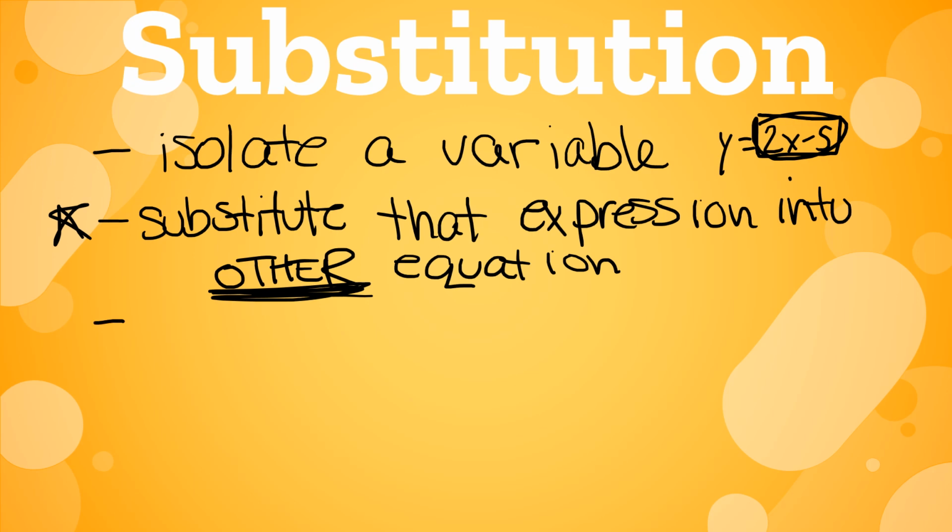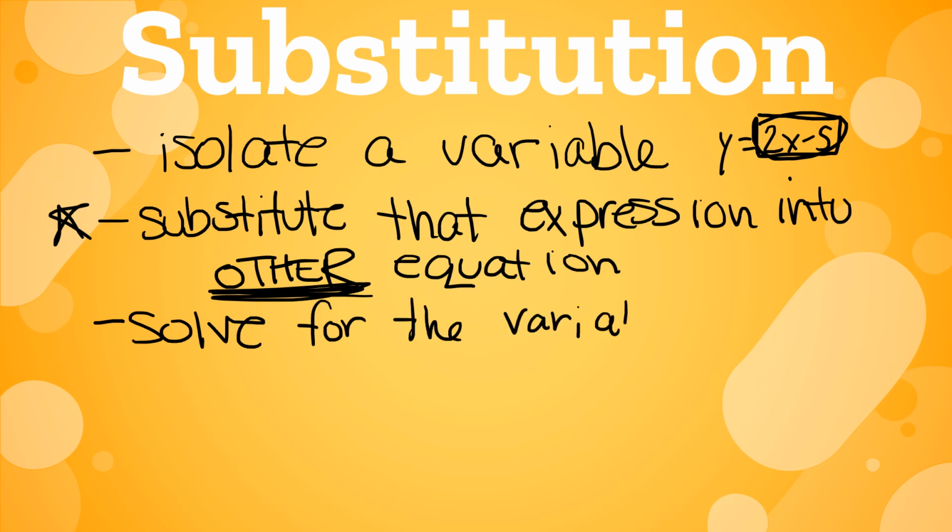All right, so once you've substituted it in, then you want to solve. You're going to have an equation. Solve for the variable. So if you have two x's, you're going to break it down until you get x equals something, okay? What this is going to do is prepare your point.